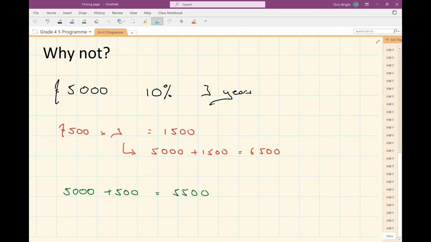Well, the answer is that you'll get 10% of this amount. So in the second year, you'd actually get an additional £550 because you get 10% of that higher amount. So you can see that it's not going to work simply working out what you get in the first year and then multiplying that by 3.